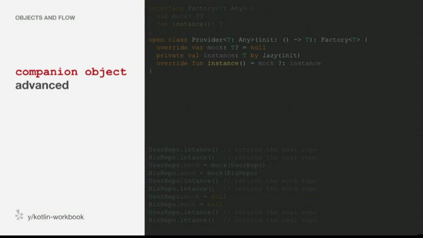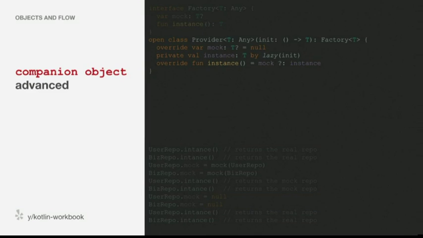We can then make a provider class. It's open so that we can extend from it. And it takes in an initialization block as its primary constructor. It's just a function that takes in no parameters and returns the object that we want, and the generic defines it. And it extends from Factory, or implements Factory.